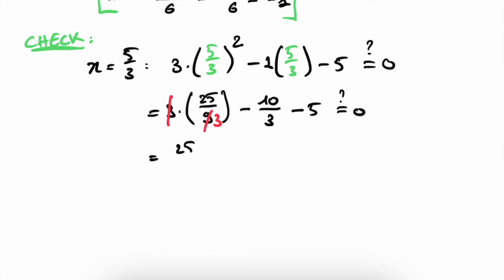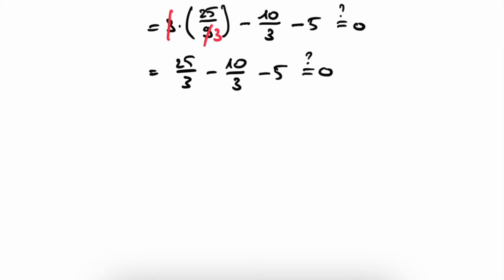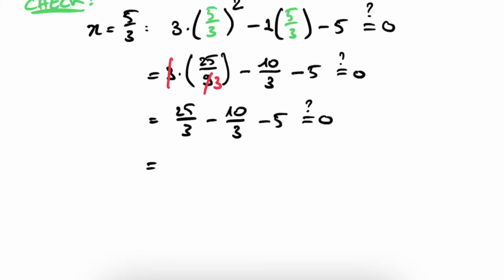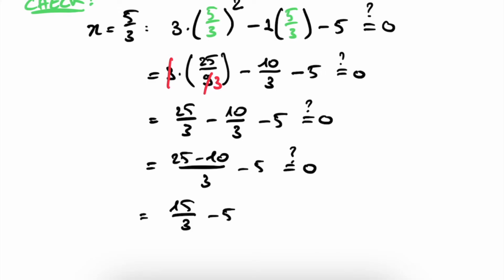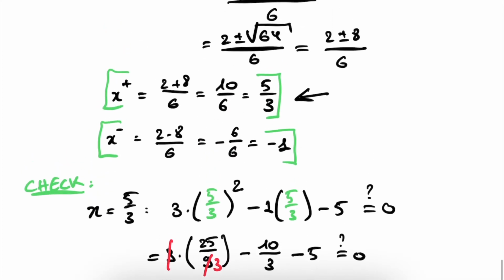So we get 25 divided by 3 minus 10 divided by 3. Minus 5 should be equal to 0, and this is starting to look quite good, because we have 25 minus 10 divided by 3, minus 5 should be 0, and of course we see that we get 15 divided by 3 minus 5, which is indeed equal to 0. So our solution here is exactly correct.